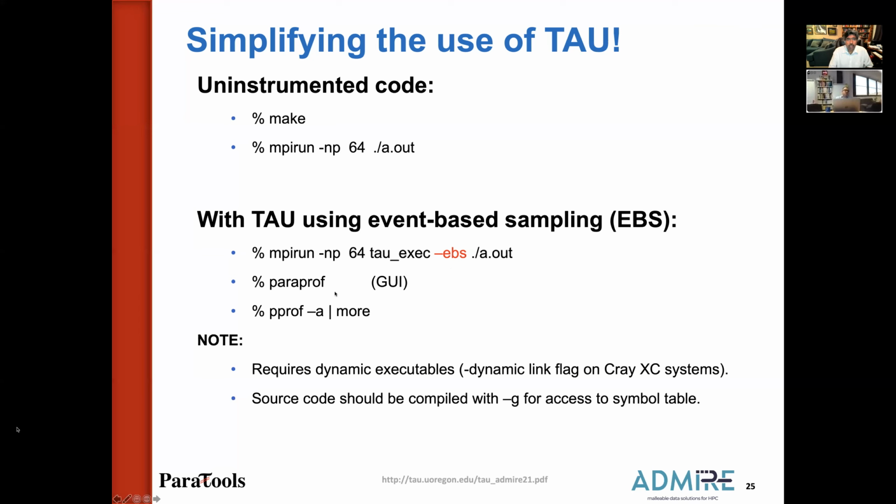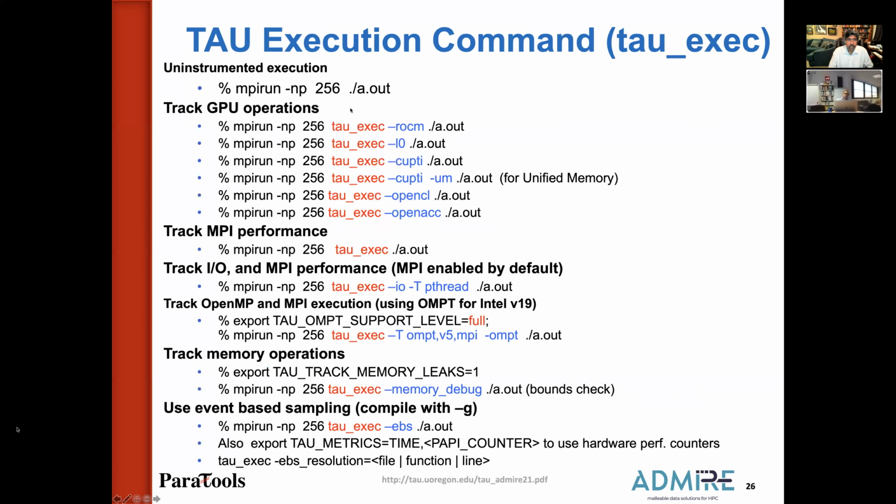Now you've already had some experience with using paraprof on the demo.ppk file. This is how you would run your program with Tau. If you were using a GPU, instead of running your application with just mpirun, you would say tau_exec with some flag to enable that particular GPU runtime.